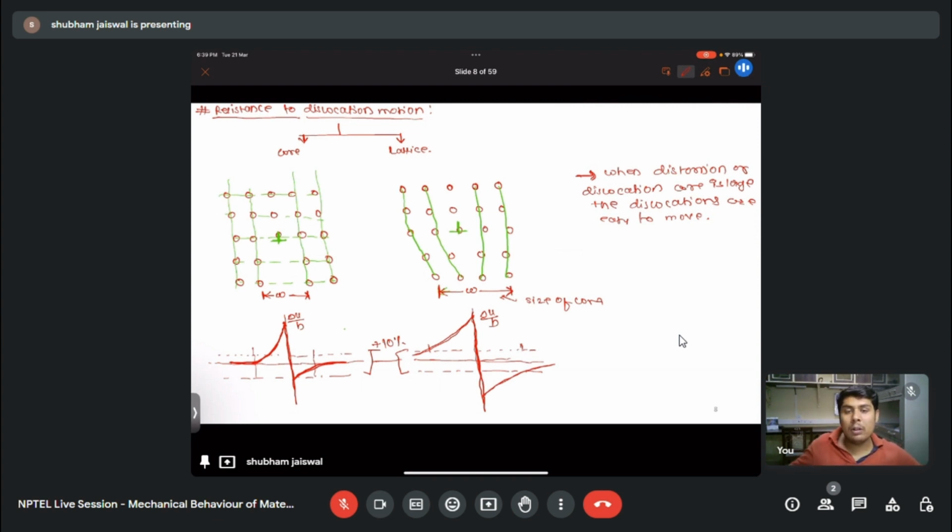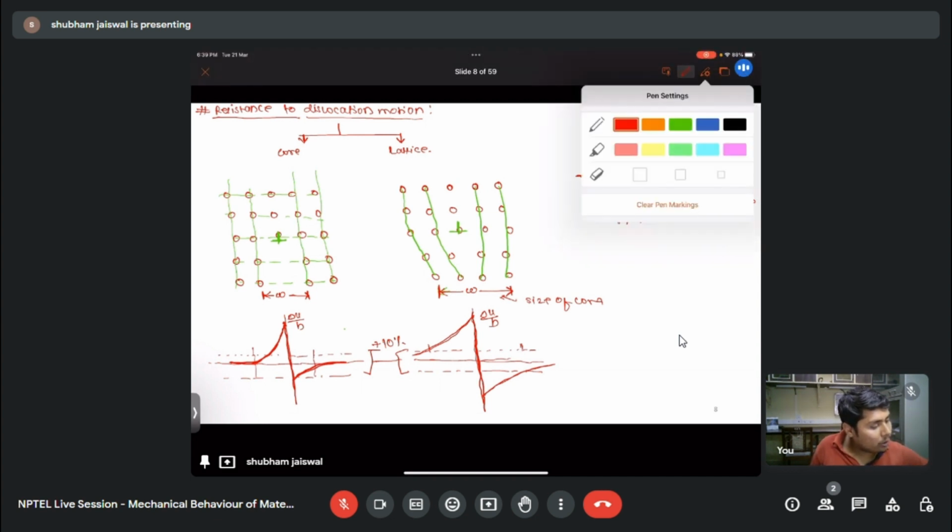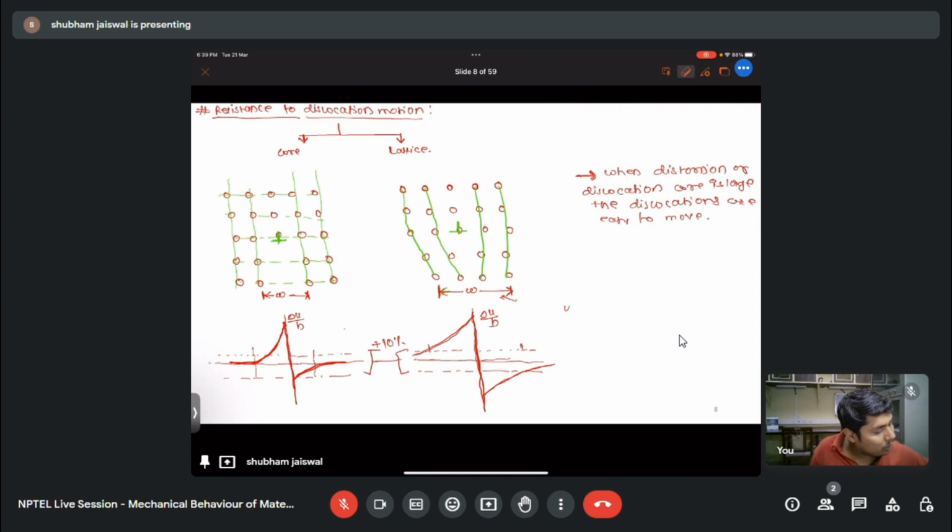If the width of the dislocation core is large, then the dislocations are easy to move. Till this point, any doubts? Anyone? If any doubts are there, then please ask. So no doubts. Okay.